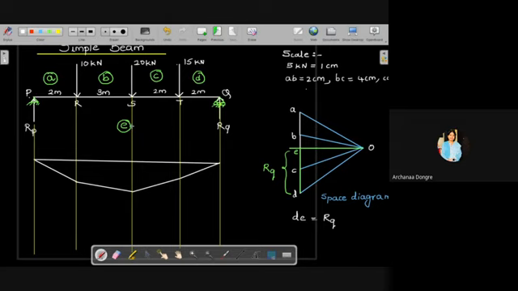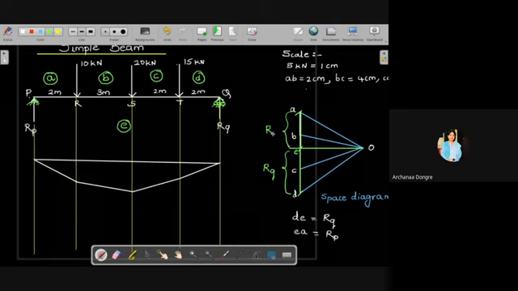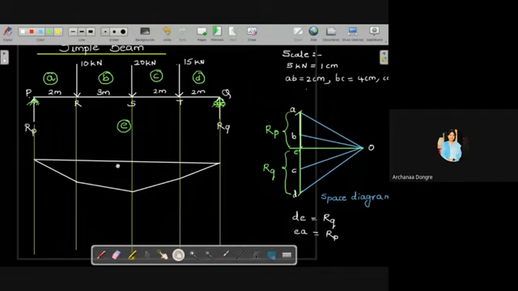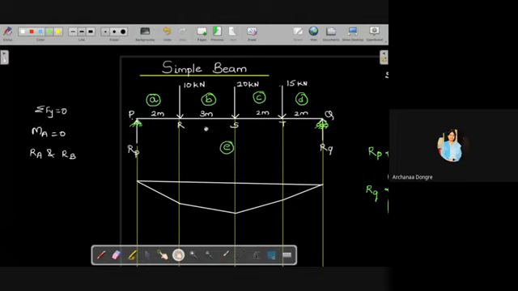And then there is EA. Because there are only vertical loads, EA is the reaction at point P. So EA is equal to the reaction at P. Now you will measure this length and check it against the answer you get here.